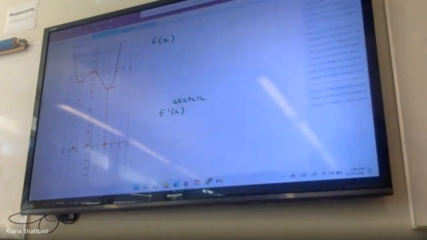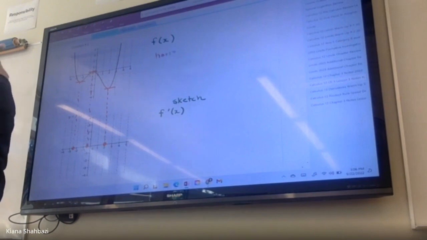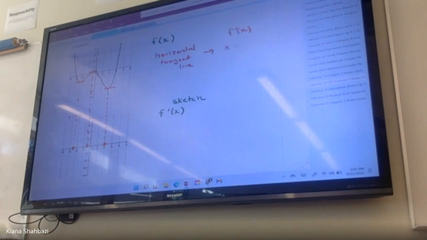So let's write that back down first. If you have a horizontal tangent line, this means that f prime of x has an x-intercept.